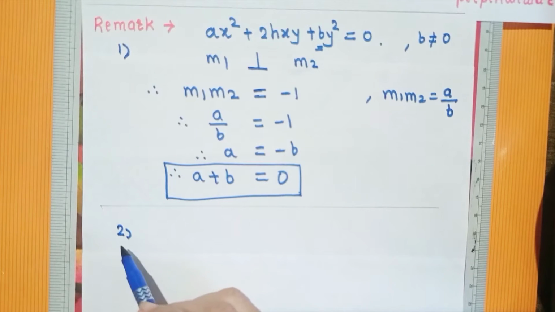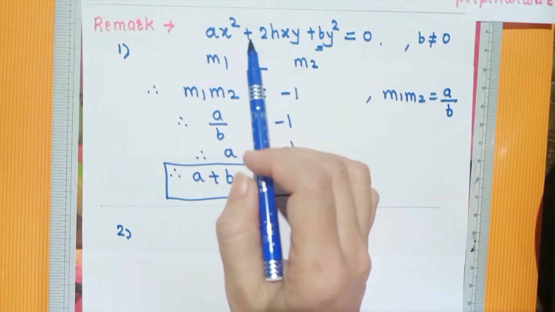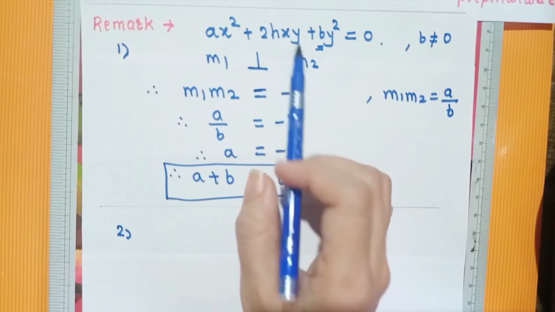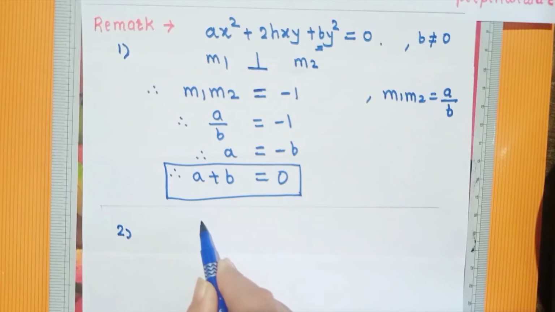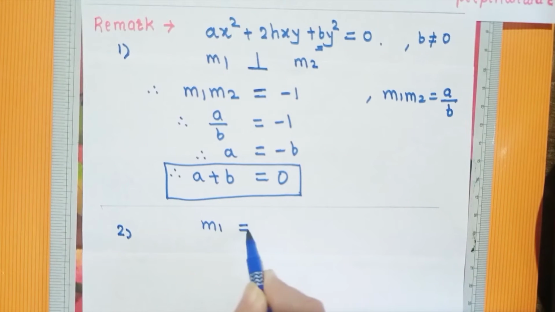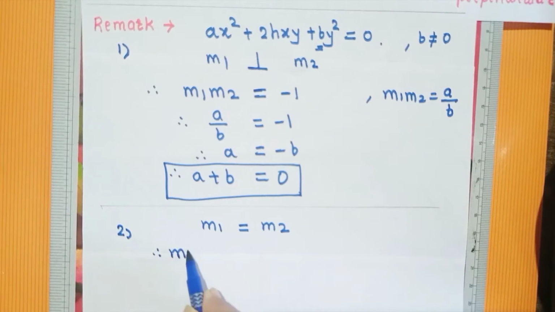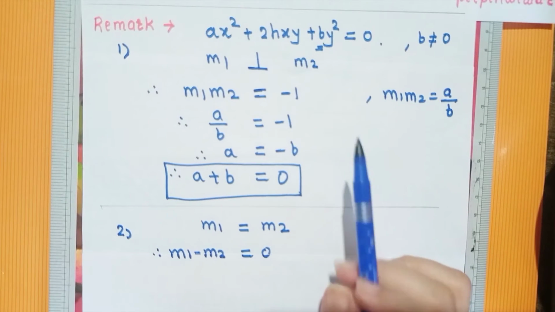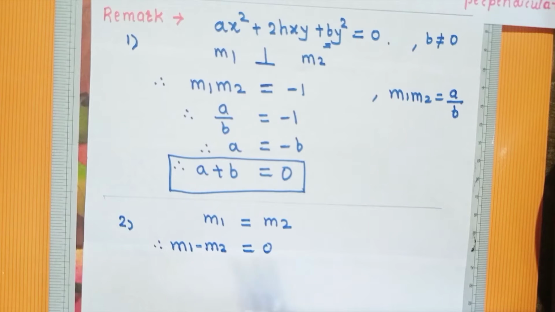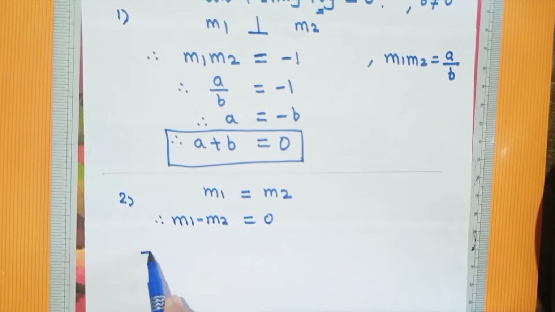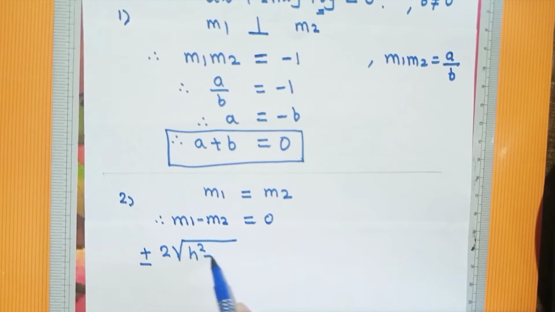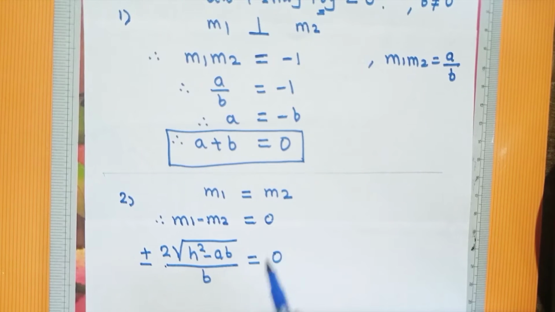And now remark 2. If lines represented by this are coincident, then their slopes are equal. So m1 equal to m2. Move this m2 here, so we have m1 minus m2 equal to 0, and in the above theorem we know that the value of m1 minus m2 is plus minus 2 under root h square minus ab upon b equal to 0.